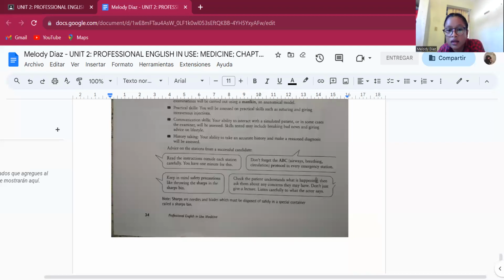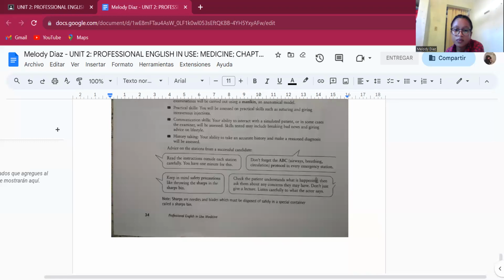Don't forget the ABC airways, breathing, circulation protocol in every emergency station. Check the patient, understand what is happening, then ask them about any concerns they may have.